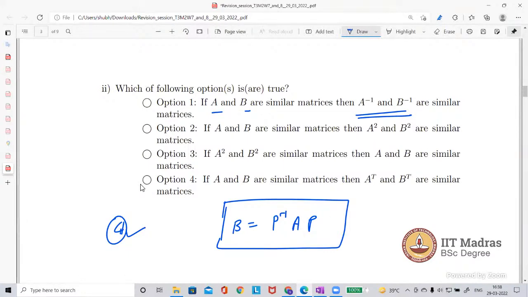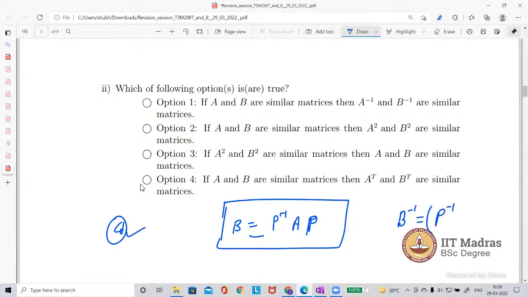P you already know for this condition. So now for these two matrices, what will be P here? Using this P, we will put P inverse of inverse on the right-hand side, and that P will become P inverse.